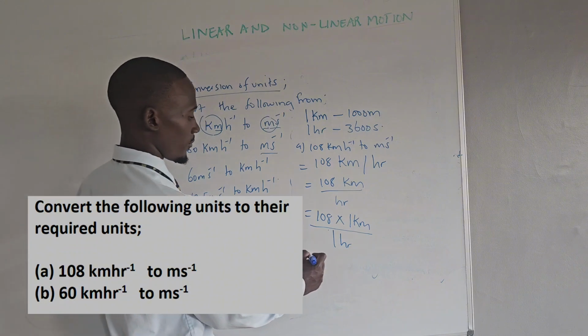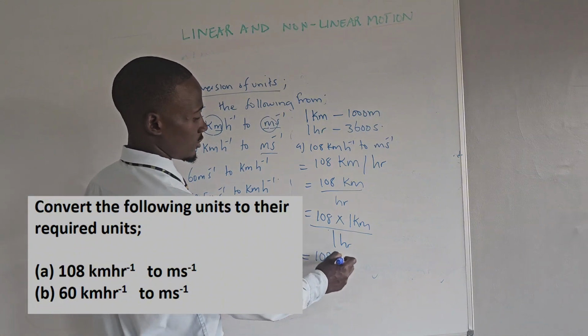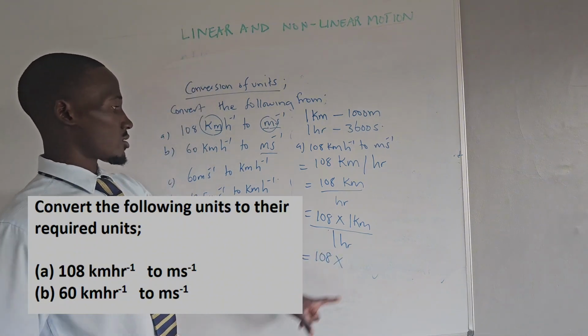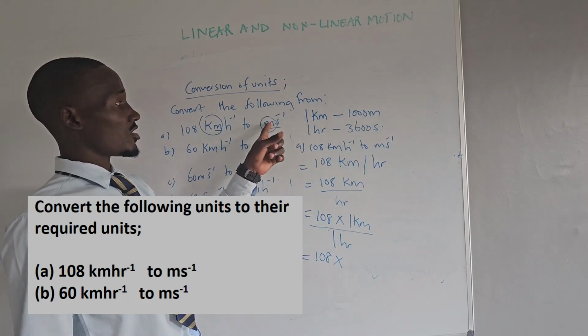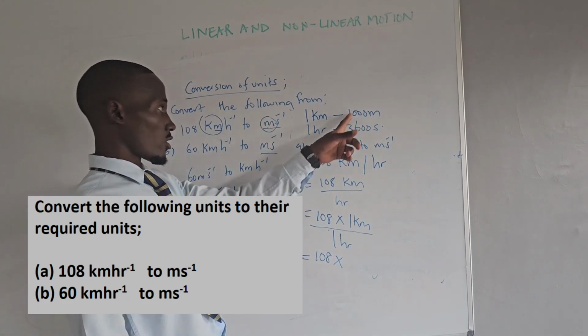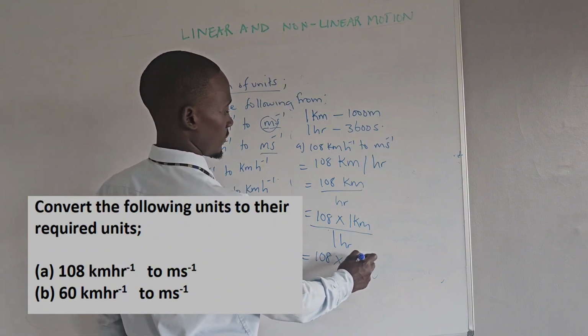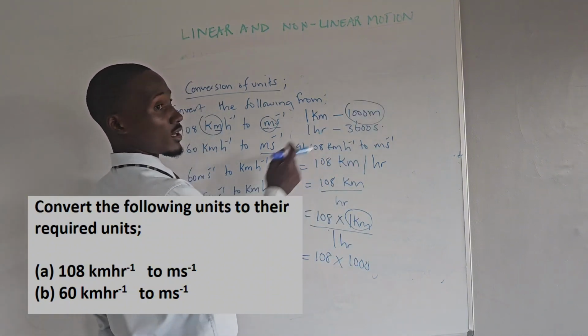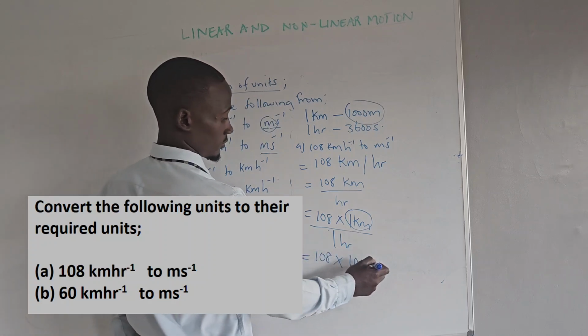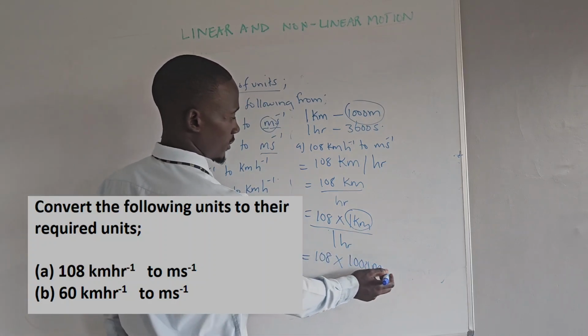So from there, you're going to say 108 times the equivalence of 1 kilometer in meters, in the units they want, meters. So I put 1,000. So where there is 1 kilometer, I'm going to put 1,000 meters over.